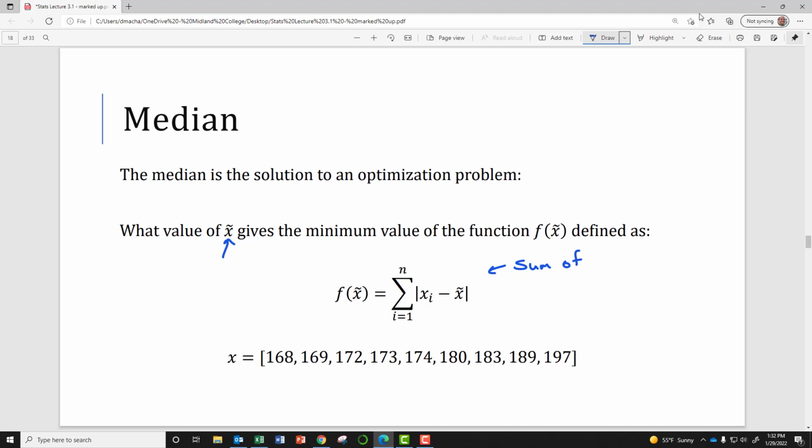We're talking about the sum of the distances between a data point, or maybe I should say a measurement, one of the measurements that belongs to my data set, and the new point that I'm talking about, x tilde.